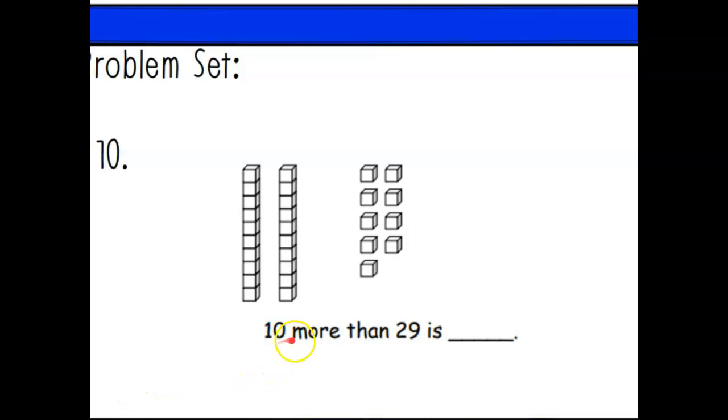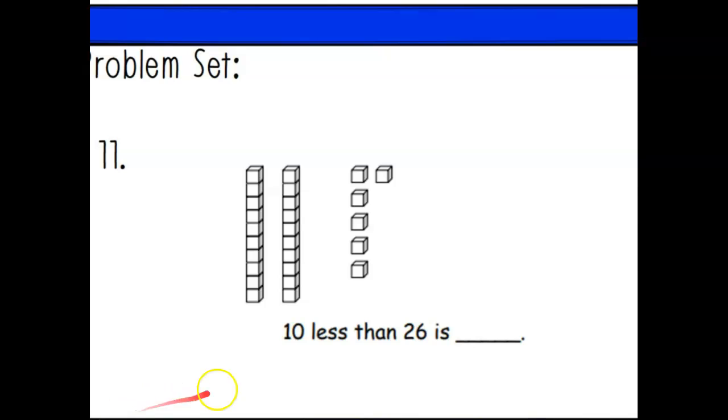All right, now we want 10 more than 29. So here's our 29. We're going to add a 10. 10, 20, 30, 31, 32, 33, 34, 35, 36, 37, 38, 39. Did you say 39? All right. Here is our 21, 22, 23, 24, 25, 26. 10 less than 26.